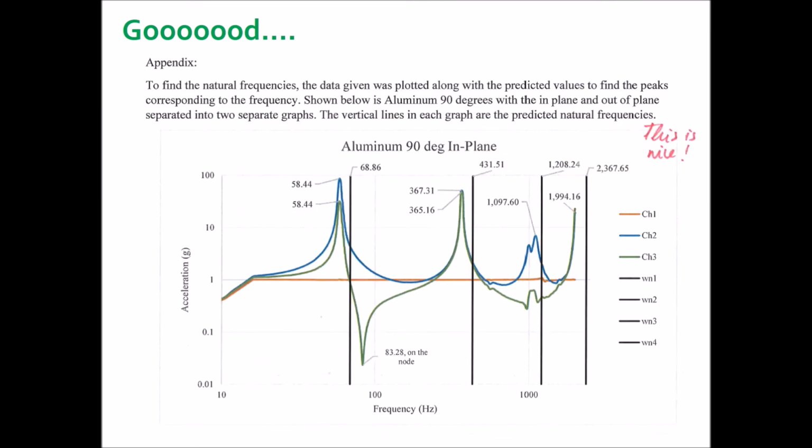Moving on to something that I found in the appendix. This is a very well presented graph. You can see the axes are labeled with appropriate units, and an appropriate scale has been used.